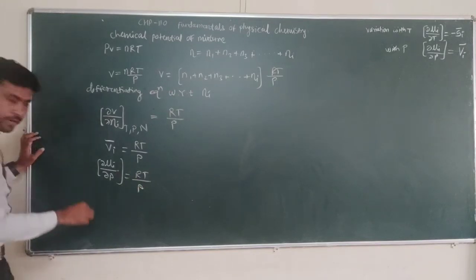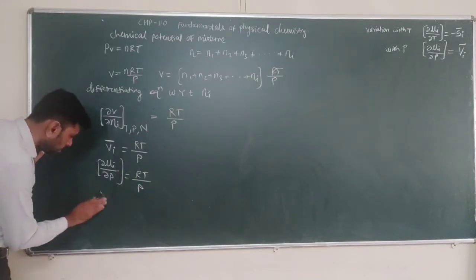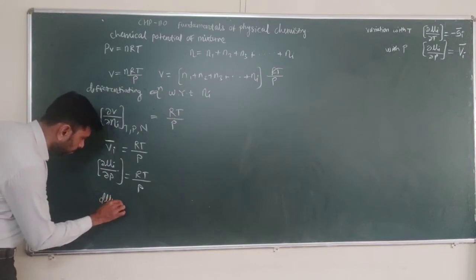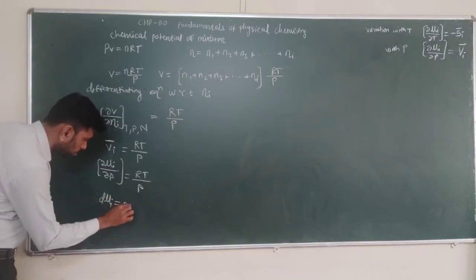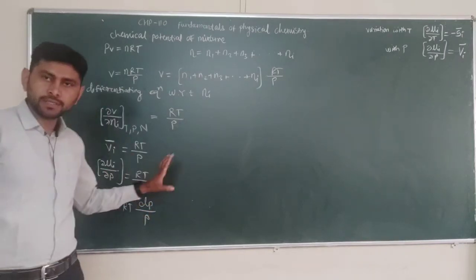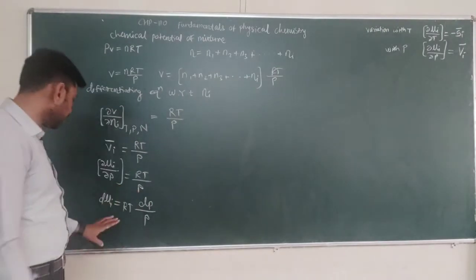If we rearrange this equation, d mu i equals RT dP upon P. So partial differentiation is now represented in this manner.